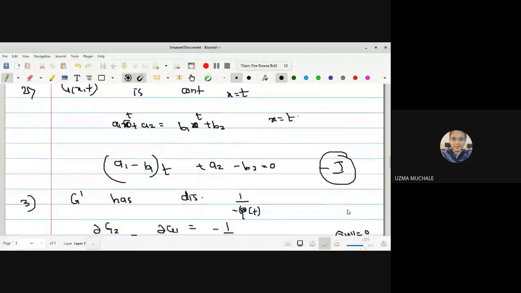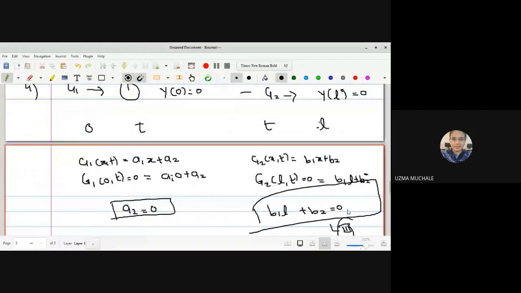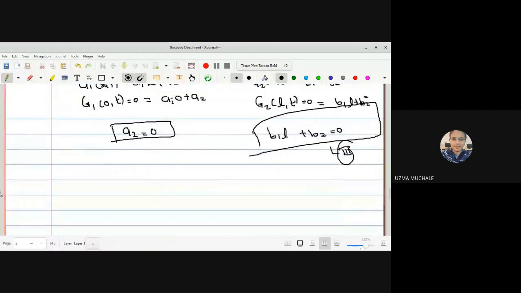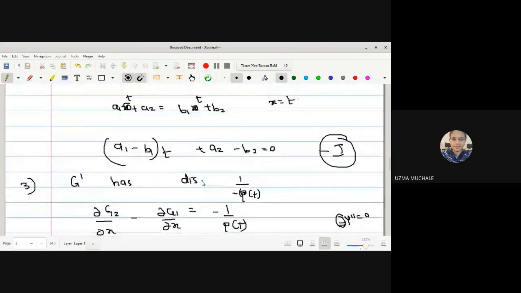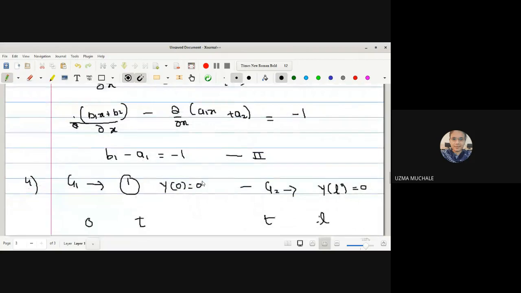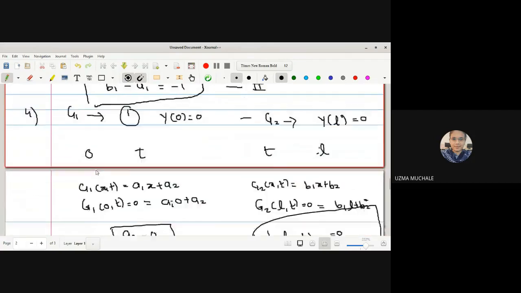What is the first equation? a1 minus b1 into t plus a2 minus b2 is equal to 0. Is it correct? Okay. What is the second equation? b1 minus a1 is equal to minus 1.